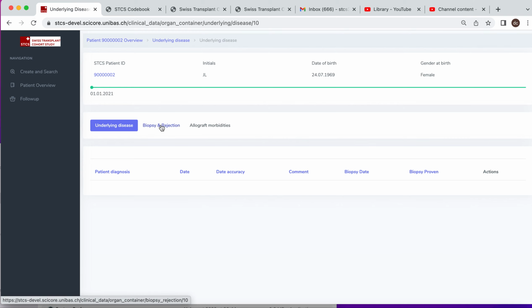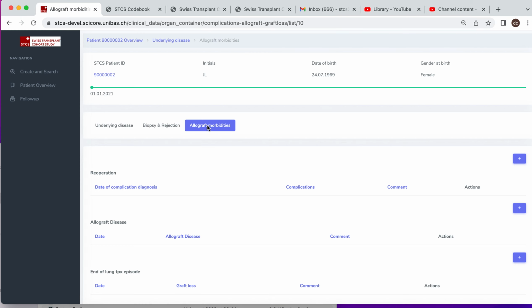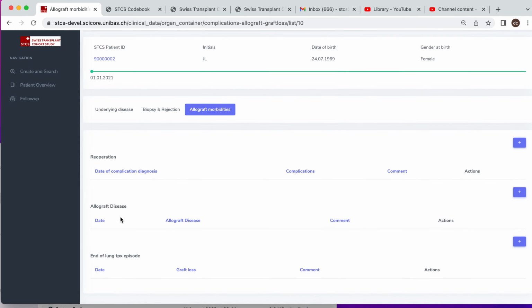Underlying diseases, biopsy and rejections, and allograft morbidities can be reoperation, allograft disease, or end of the transplant episode, also called graft loss. In this case, we have reoperation and end of lung transplant episode because the organ is lung.